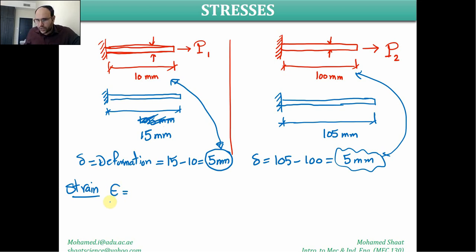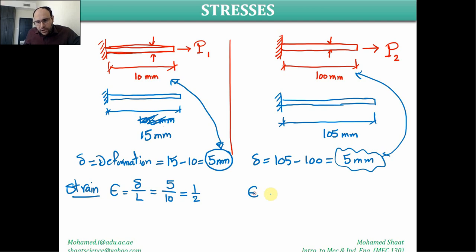Epsilon equals delta divided by L, where we compare the deformation with respect to the original length. L is the original length. So if I calculate it here, it will be 5 divided by 10, the original length. 5 is still the deformation, but we are referring to the original length. This gives us a half.